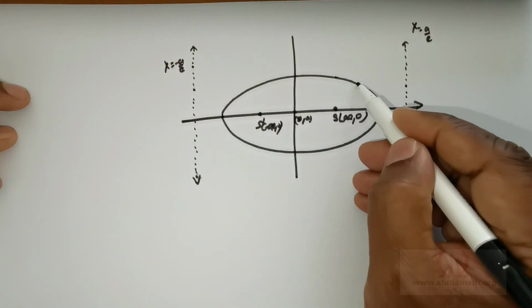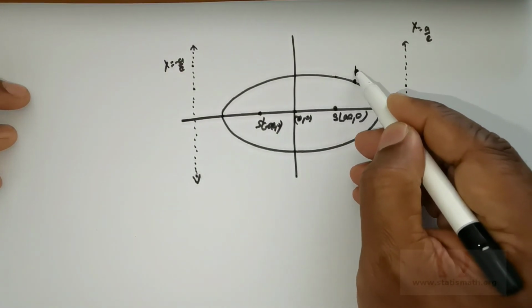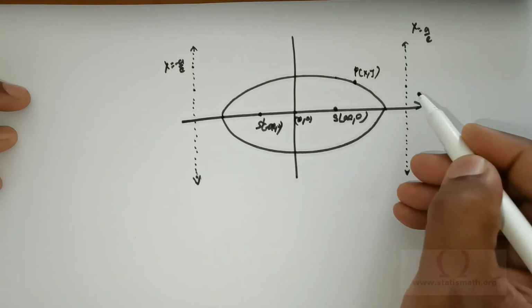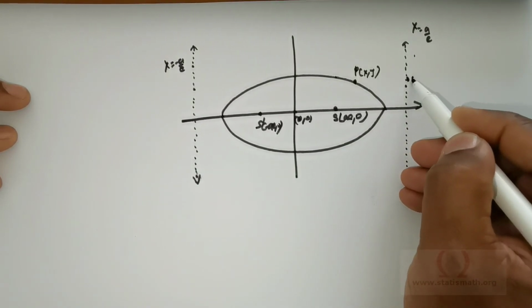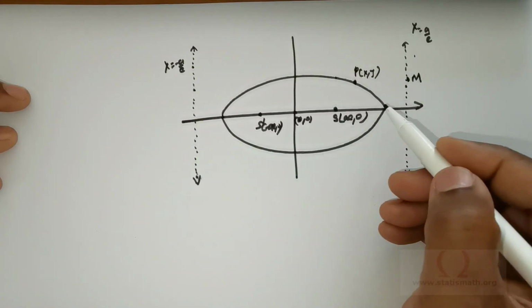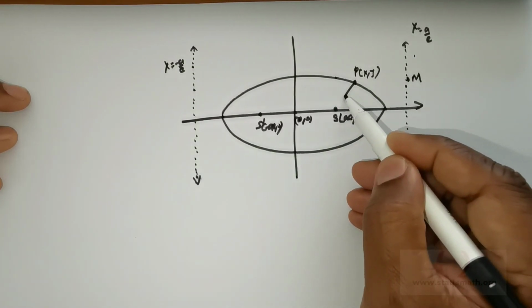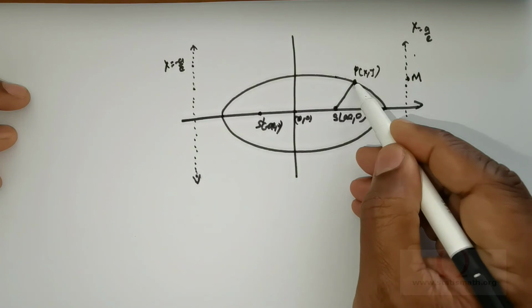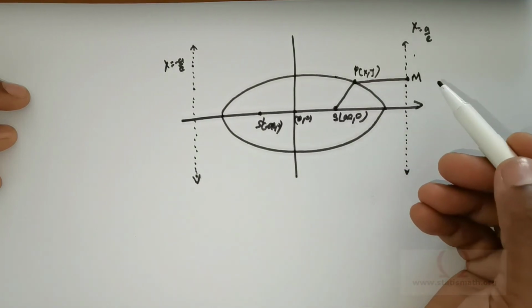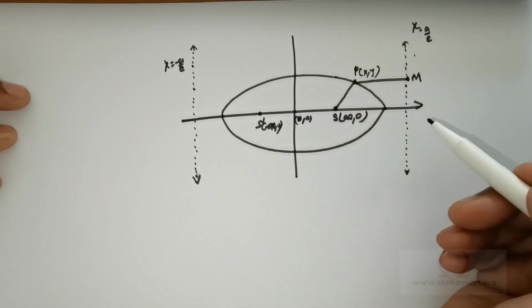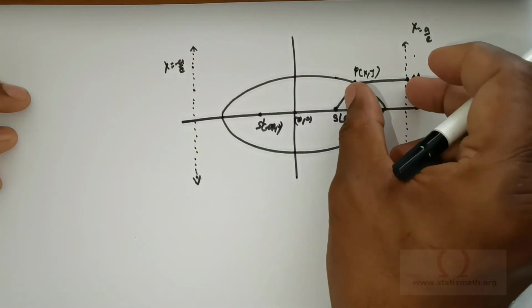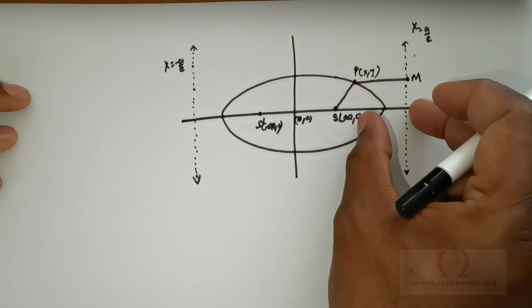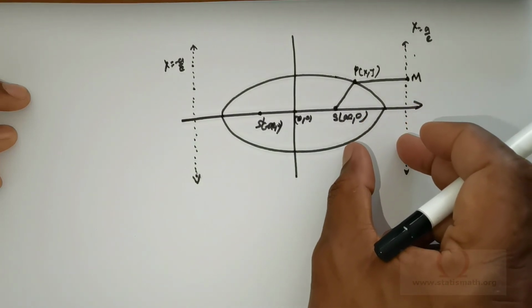Now you got to know how an ellipse is created. Now if I take a point P of (x, y), and this point is M and this point is S. Now the distance between S and P and the distance between P and M has a constant ratio. So when the point P is moving, this line is going to be coming down like this.